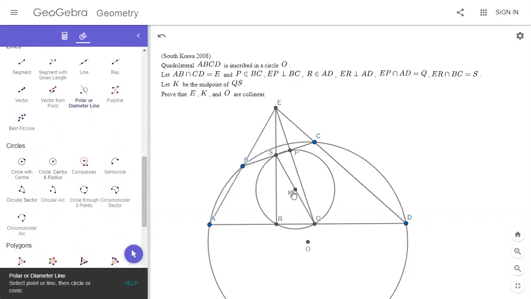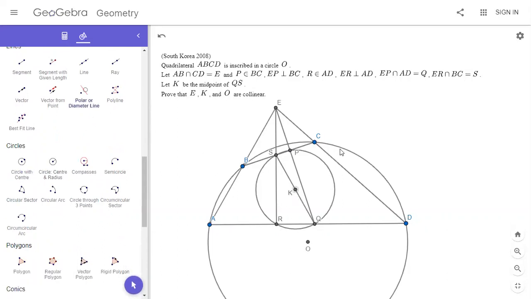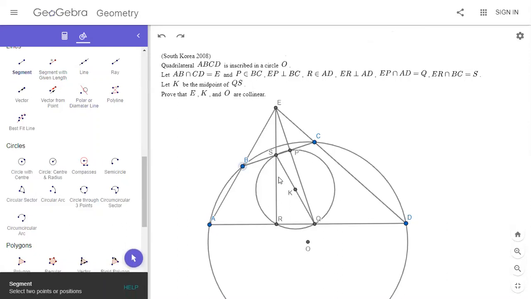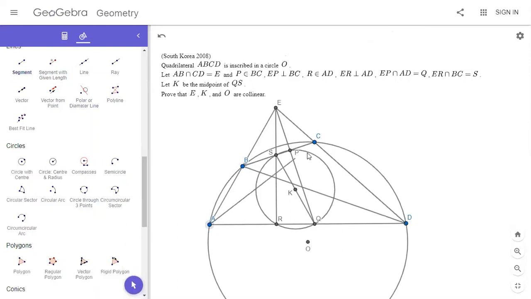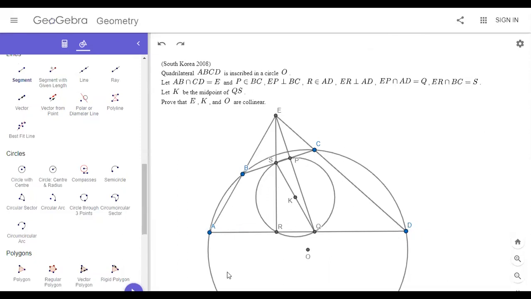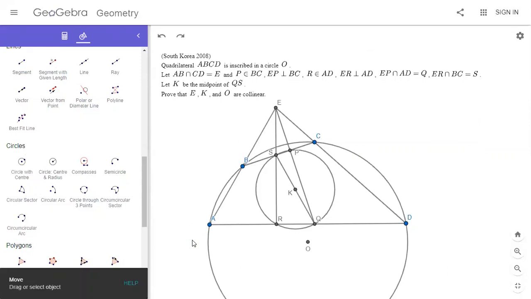GeoGebra actually has a nice polar tool. No. Yeah, to apply Ricard's theorem, you need the intersection of diagonals. And we don't have the intersection of diagonals here, but maybe there's some other way to figure it out. I don't know.